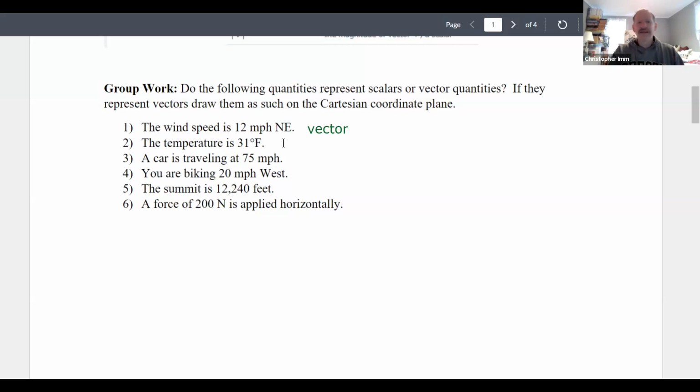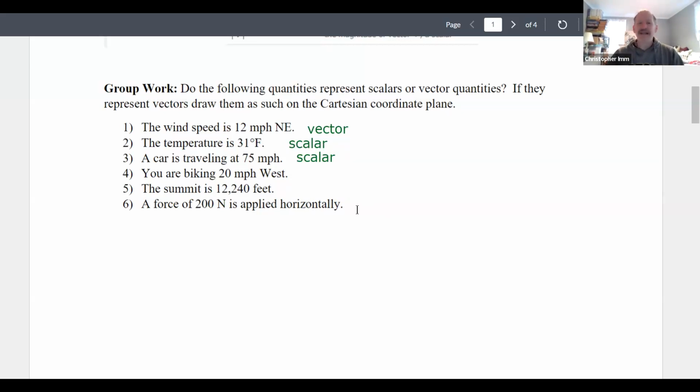The temperature is 31 degrees Fahrenheit. Well, this one would be a scalar quantity because we don't have any direction for that temperature. You could argue that it could be negative or positive, but we'll just call it a scalar here. A car is traveling at 75 miles per hour. Even though this does represent speed, there's no direction there. So the speed, the velocity, is a scalar in this case.